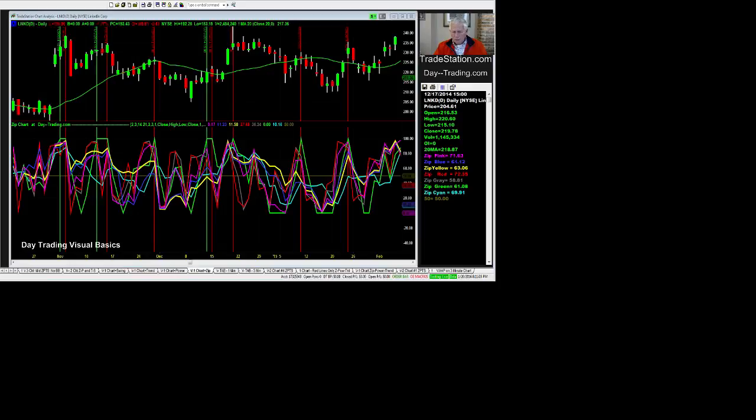I'm going to describe each one of these. Again, I'm in the zip chart with the candle chart. The green line is the 20 moving average.